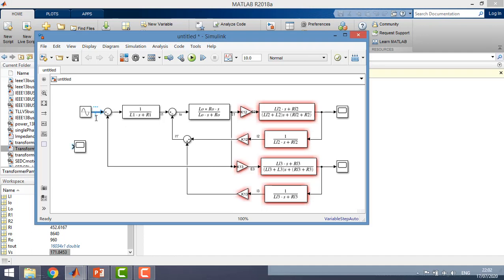And the supply voltage V1, when we subtract the induced EMF quantity from it, the resultant would be the primary current multiplied by the series impedance of the primary circuit.